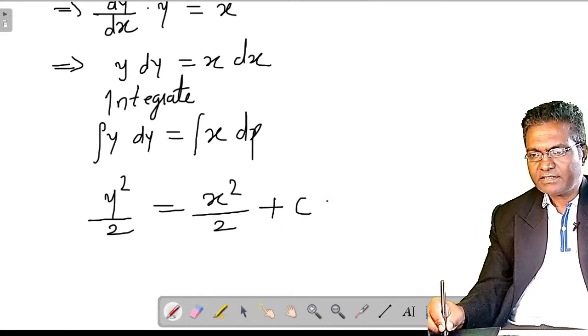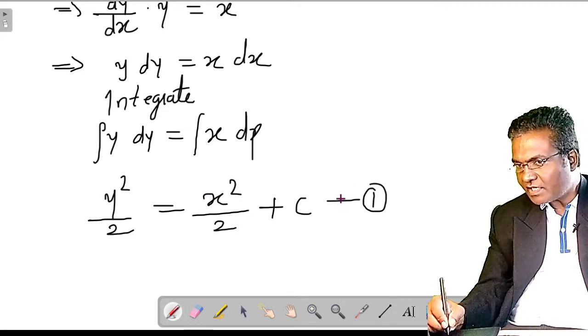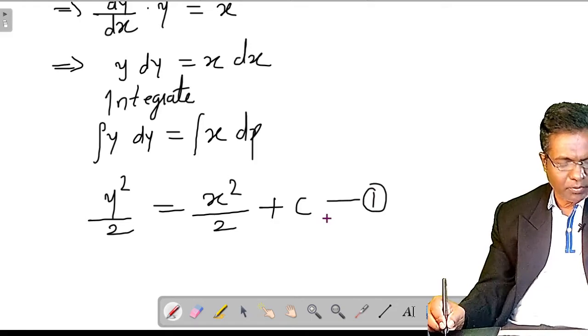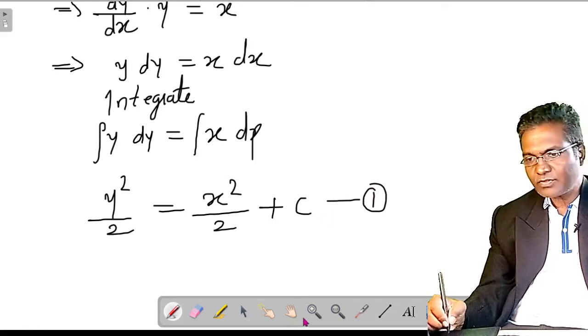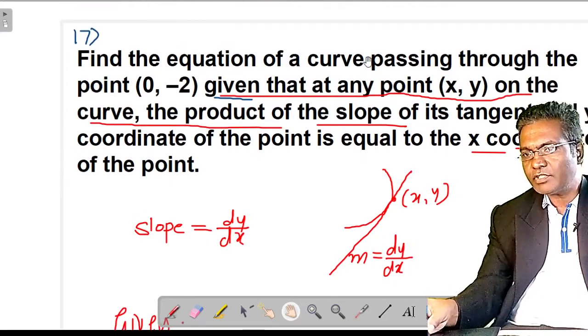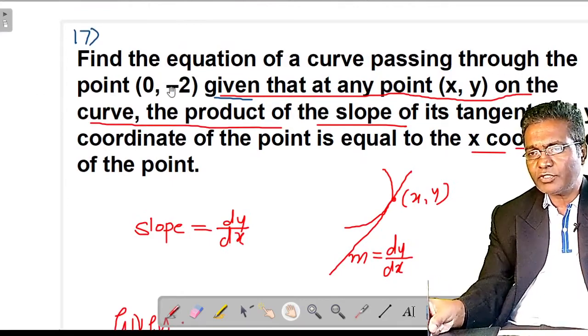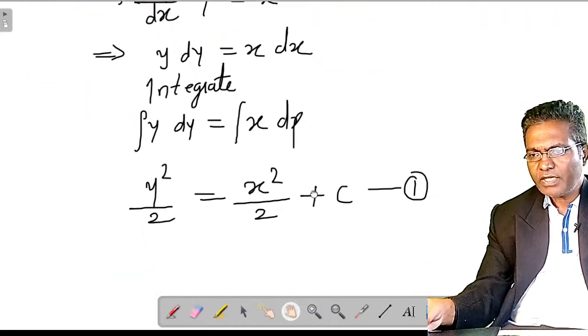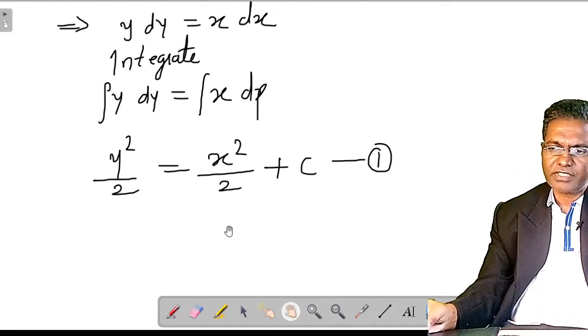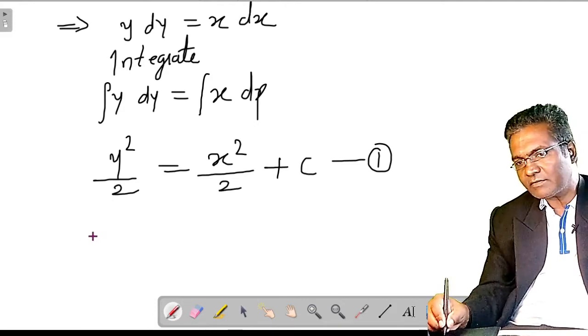This is the general solution curve. And you are given that it has to pass through the point 0, minus 2. You need to find the equation of the curve that passes through the point 0, minus 2. This is a general curve; now you need to find the particular curve.